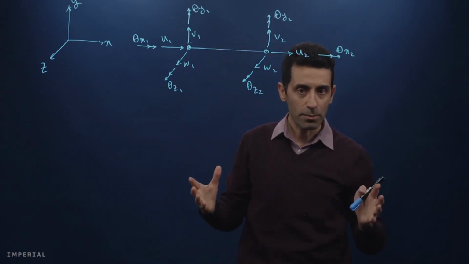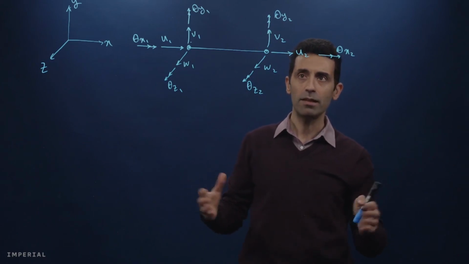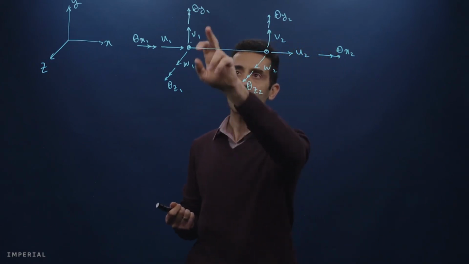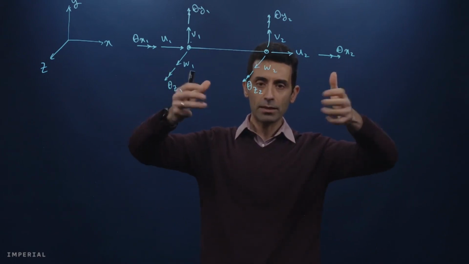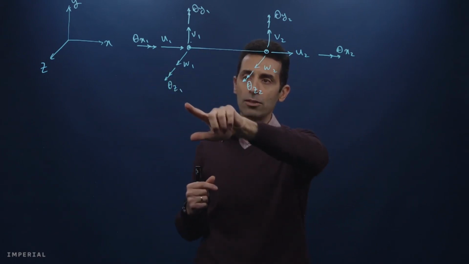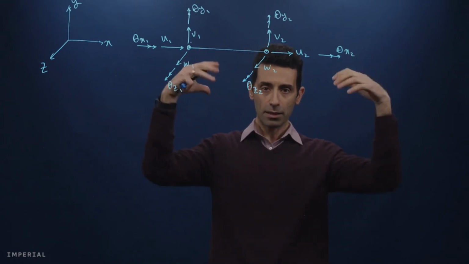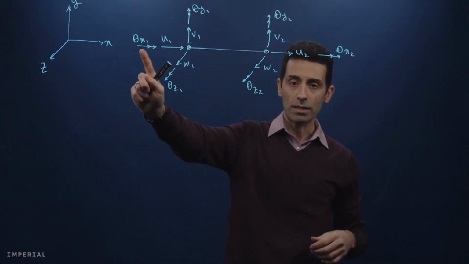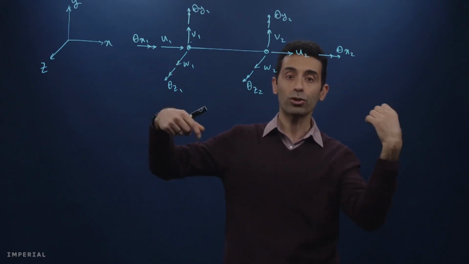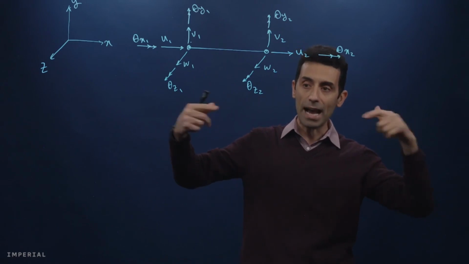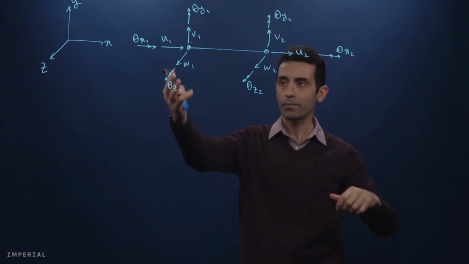Well, perhaps you remember from beam bending theory that theta y1 is describing bending in this plane, right? Theta z2 is describing bending in this plane. But interestingly, theta x1 or theta x2, they are describing torsion, right? Torsion about the axis of the beam.